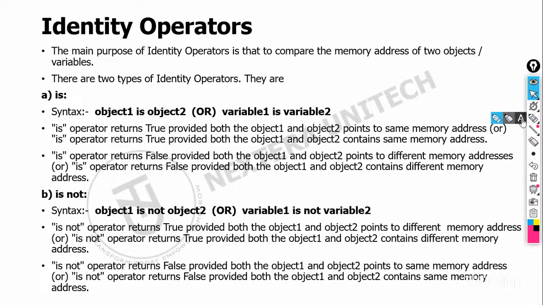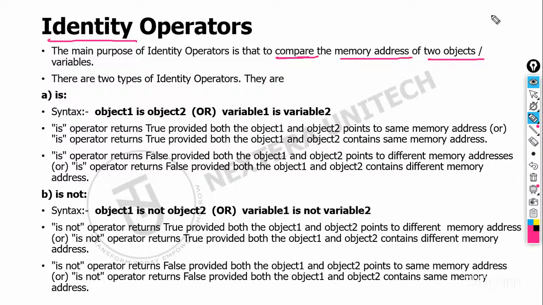What are they? We'll understand. Identity operators help us to compare the memory address of two objects.